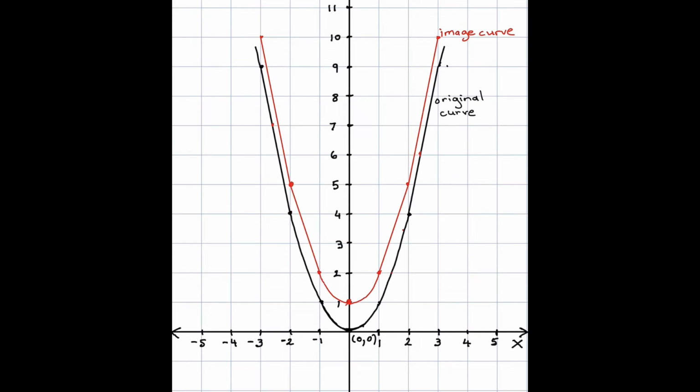Here we see the original curve and its image after a translation of 1 unit up.